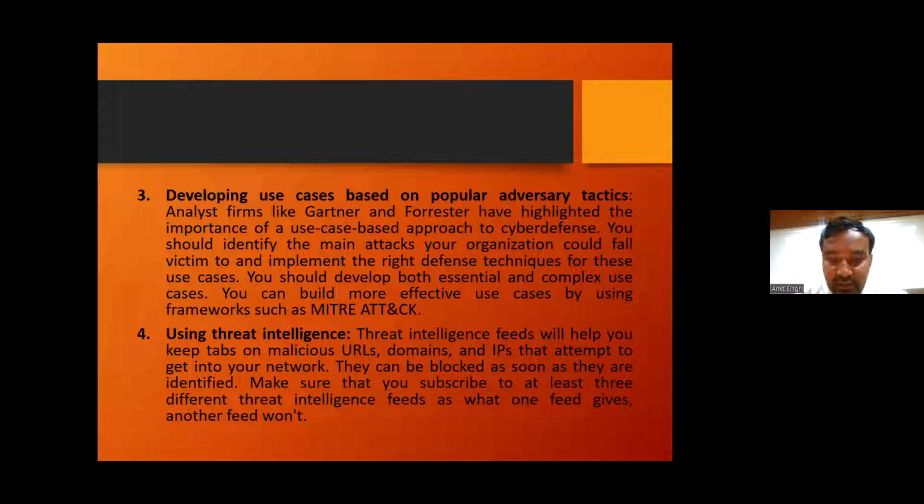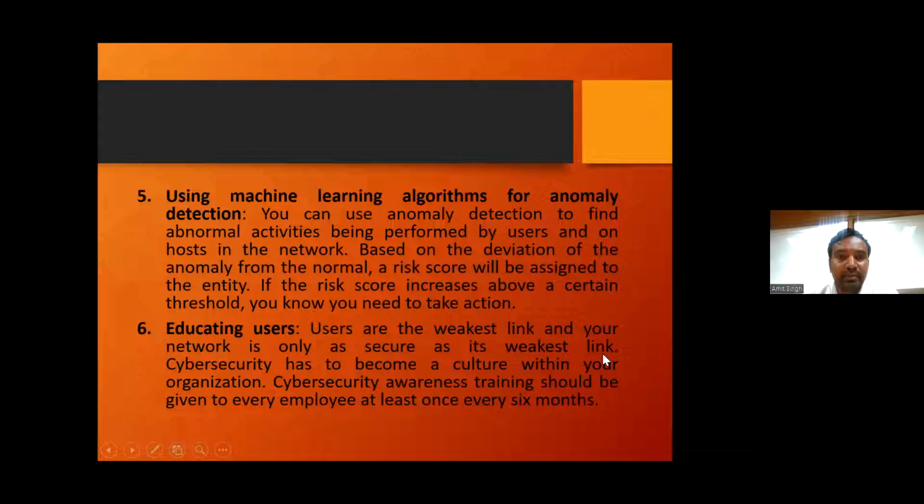Fourth is using threat intelligence. It is like using the AI sandbox, which we saw yesterday in our presentation, to block any malware attack that is going to happen in our system. Fifth is using machine learning algorithms for anomaly detection.